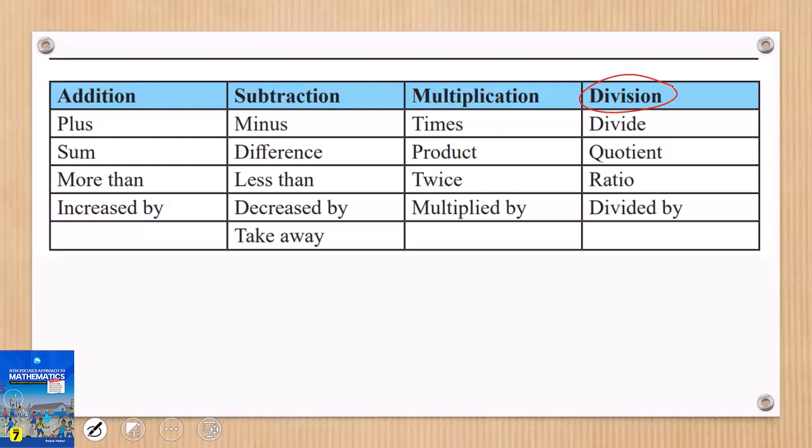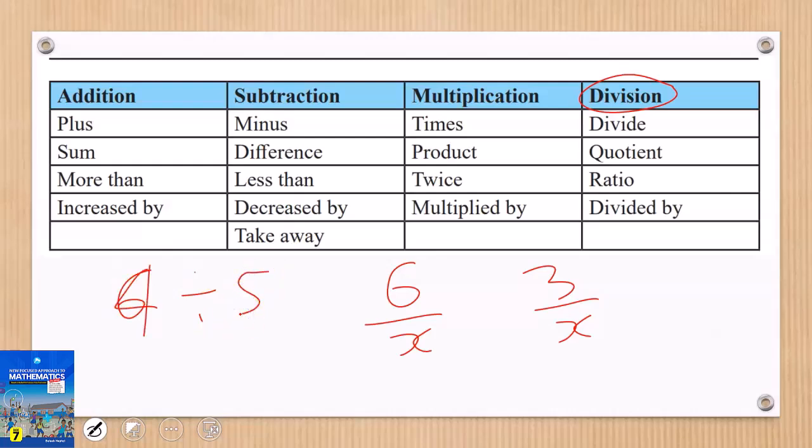So if I say a number into 6, that means the number divides 6. Or 3 divided by a number. Or the quotient of 4 and 5, so I can say 4 divided by 5, or 4 over 5. These are some of the key terms we'll be using to portray the arithmetic operations.